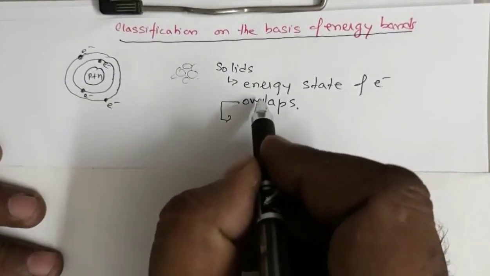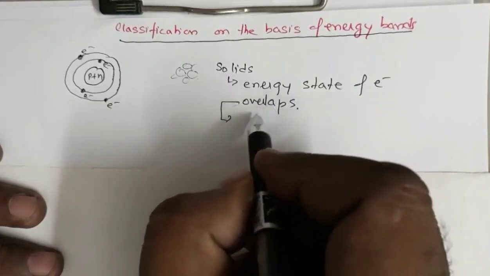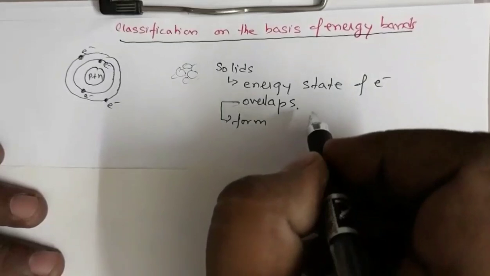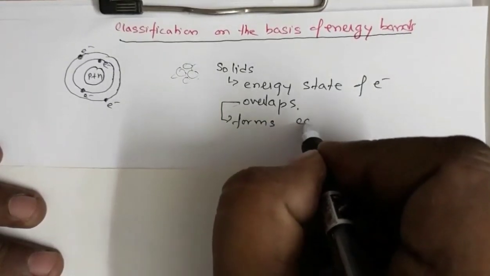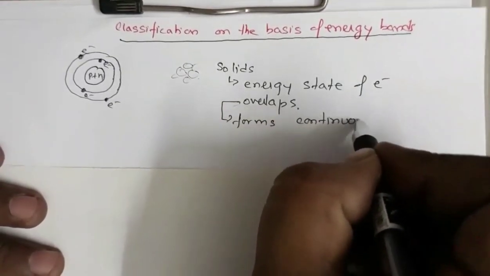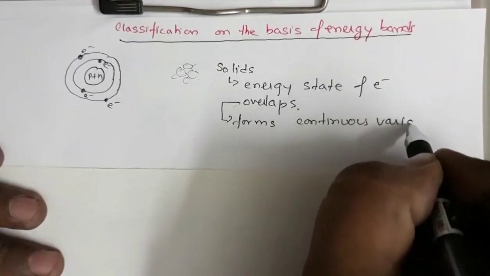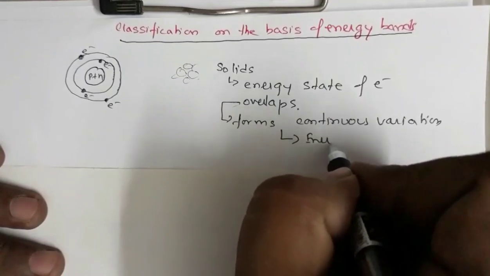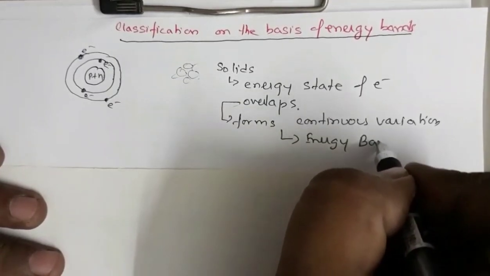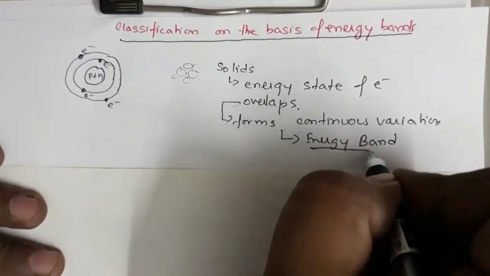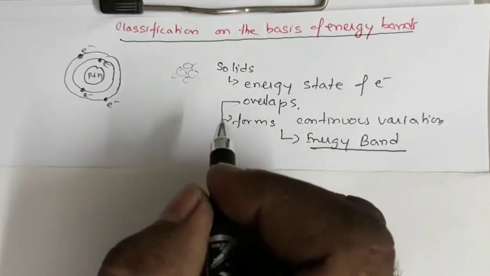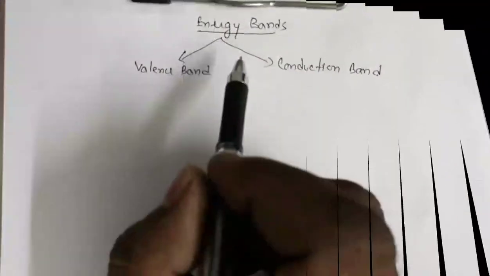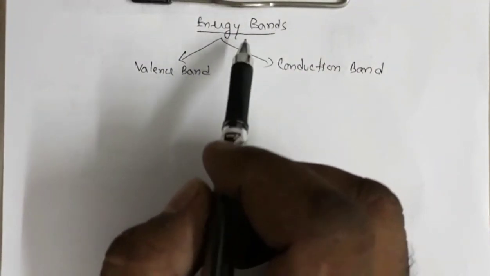This continuous variation of energy states is called an energy band. So this classification is based on these energy bands. These energy bands are of two types.